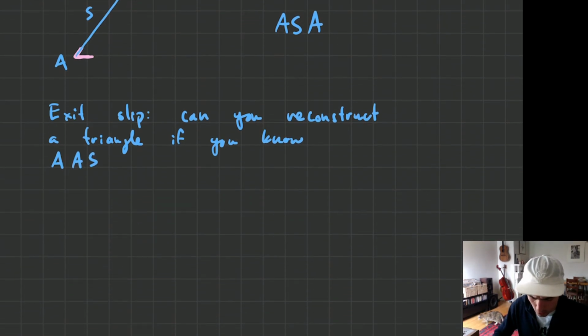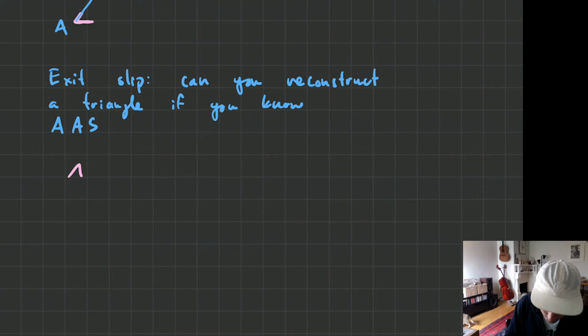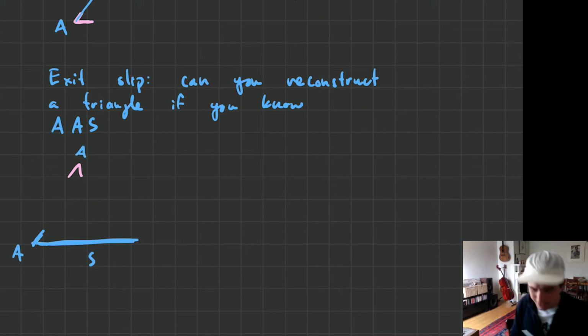So that would be where you know one angle, you know another angle, and then you don't know the side length between the angles, but you know the side length over here. So you know where this is. You know one angle, another angle, and then the side beside one of the angles, but not between the 2. So see if you can figure that one out. It's basically just a yes or no, a true or false.